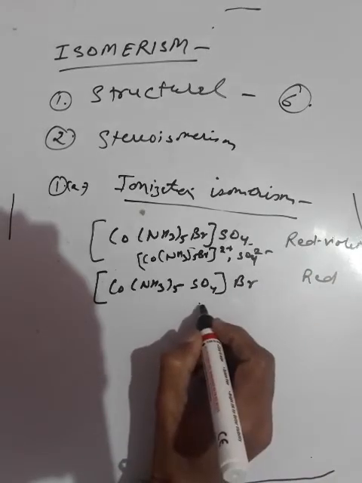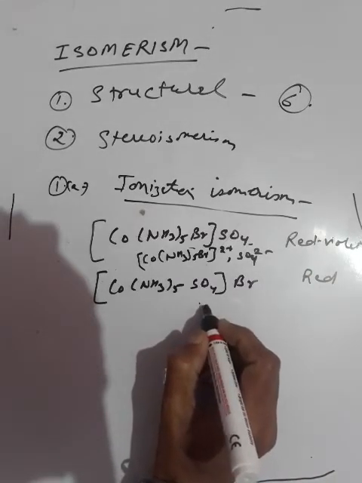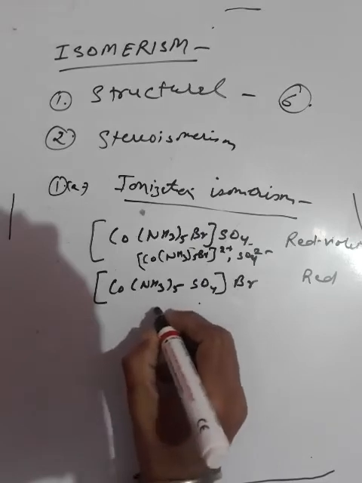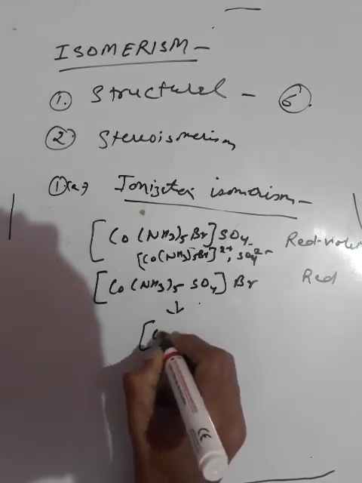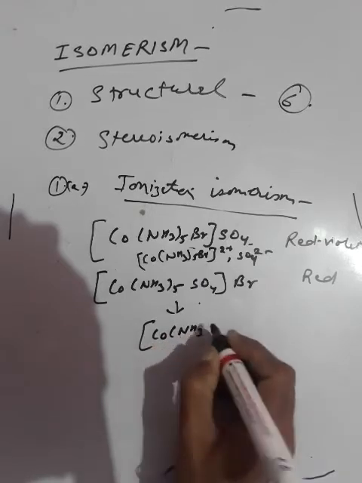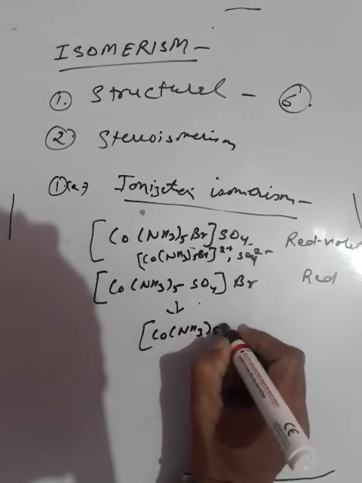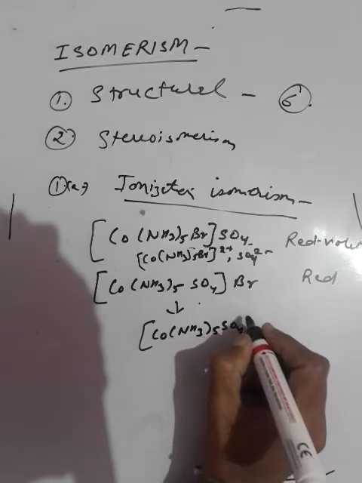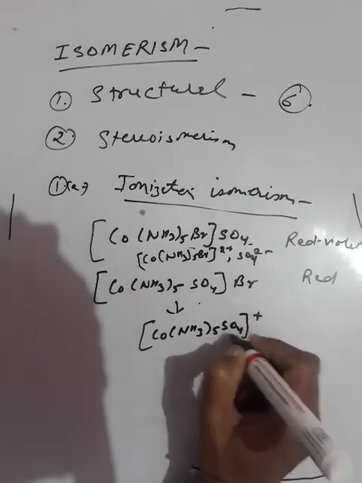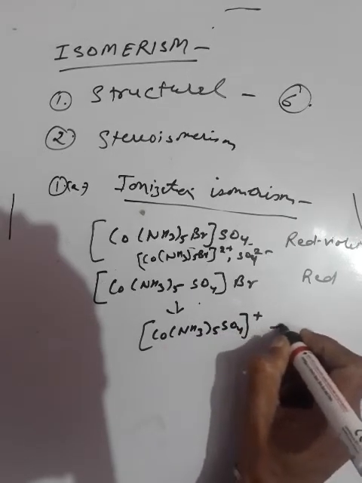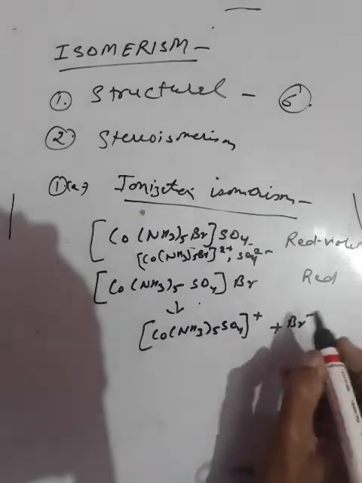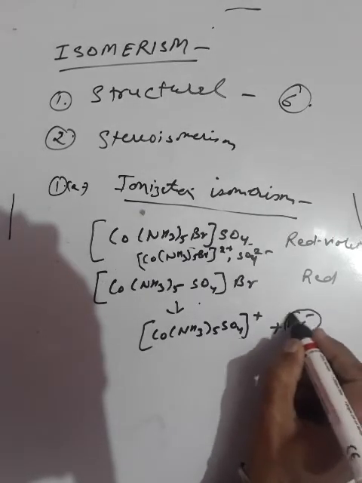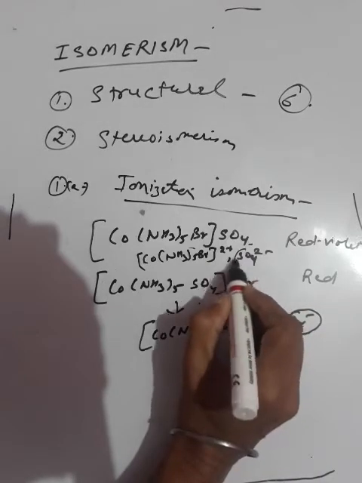But this compound, with the same molecular formula, will ionize like this: [Co(NH3)5SO4]+ plus Br-. Now when we test it, this will give the test of the bromide ion, while the other gives the test of the sulfate ion.